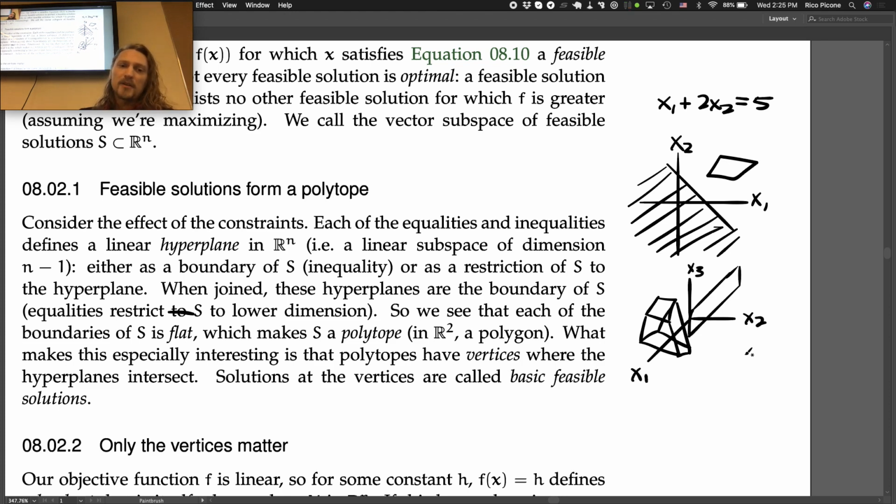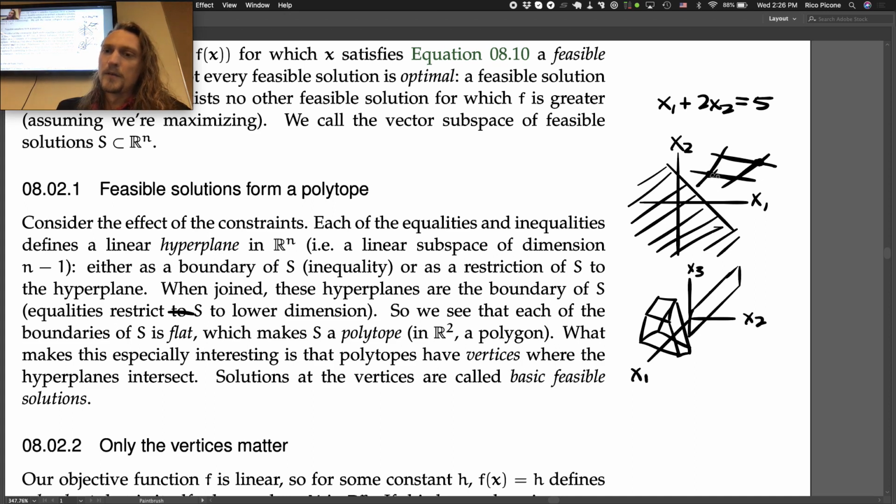What makes these especially interesting is that polytopes have vertices where hyperplanes intersect. So in R2, we've got, say, two hyperplanes, and they intersect at a vertex of the polygon.